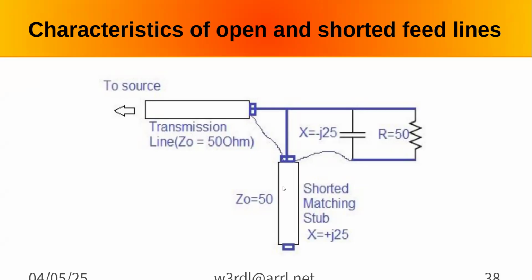So I take that little stub and put it on there to match whatever this impedance is out here. So I've got a minus j25, which means it's capacitive. So I use a shorted stub, so it's inductive, and I adjust it so that I get a 25 ohm inductive reactance that cancels out the 25 ohm capacitive reactance. And everybody's happy, and it looks like 50 ohms down the line.